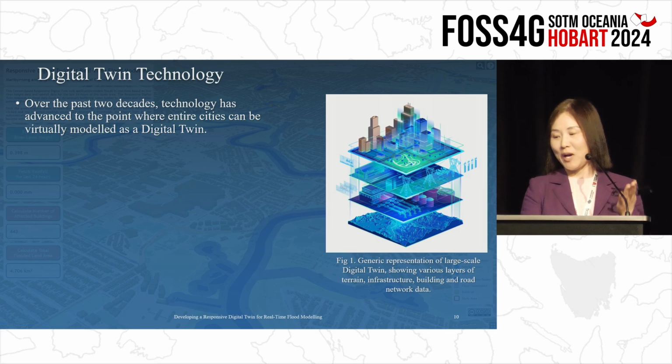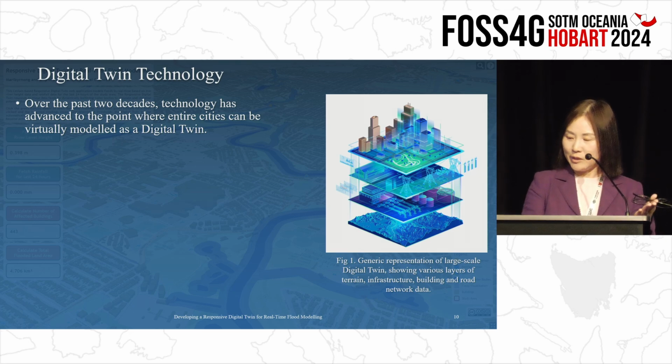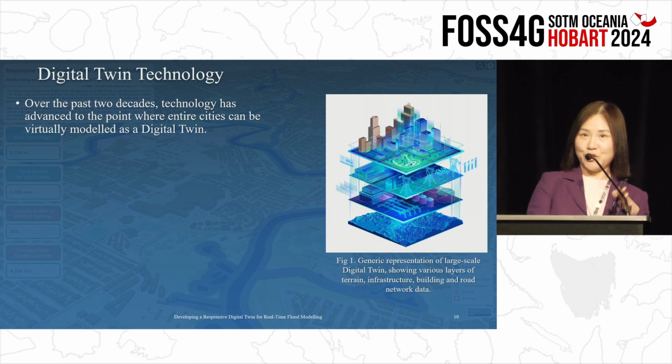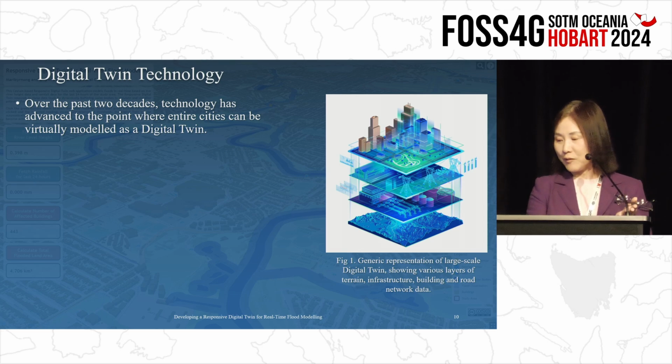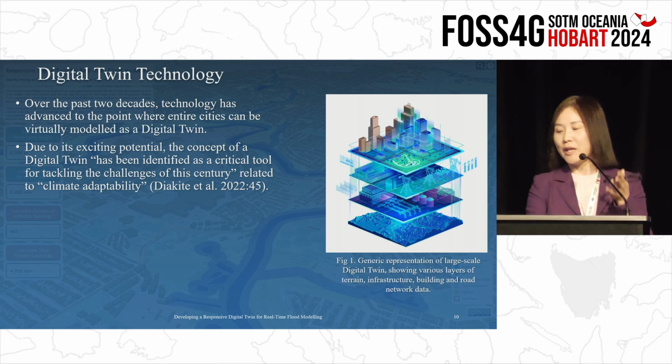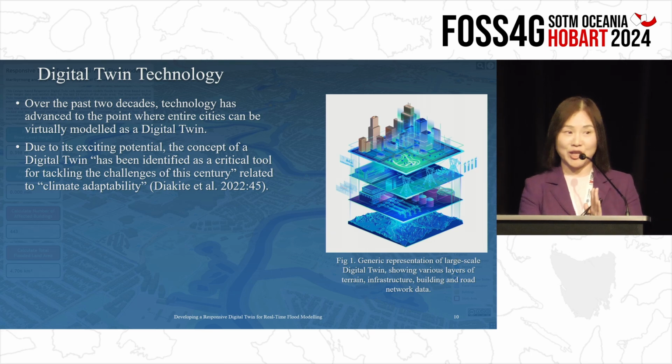Over the past 20 years, a lot of technology has advanced, for example 3D mapping and sensor connections, sensors on rivers and on weather stations, with which we can monitor real-time rainfall and real-time river level. Due to these digital twin advantages, the digital twin for flooding is a good logic for starting to implement this kind of open source cloud-based GIS project.